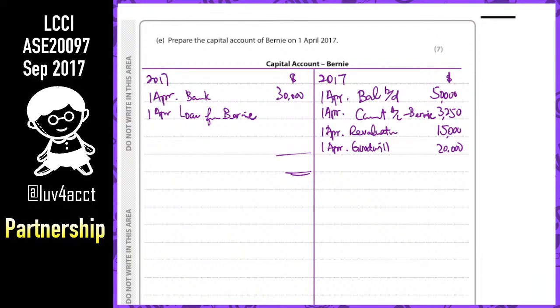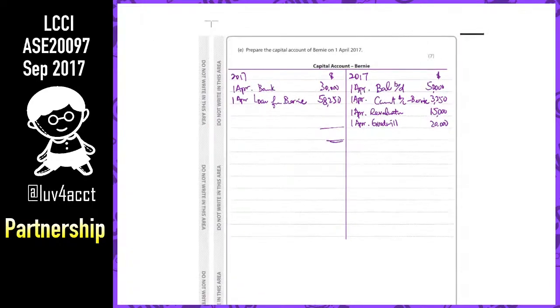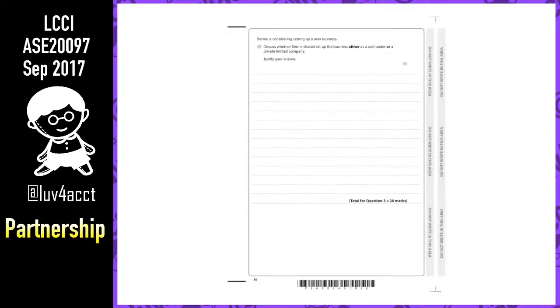So 50,000, 3250, 15,000, 20,000 minus 30,000. That will be 58,250. So finish the capital account, 7 marks. Nice marks to gain for your paper.